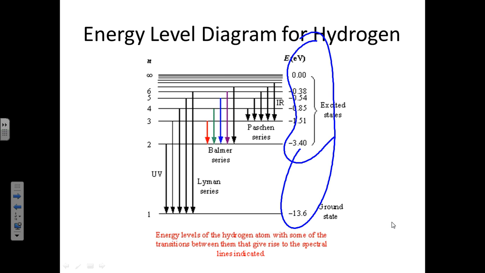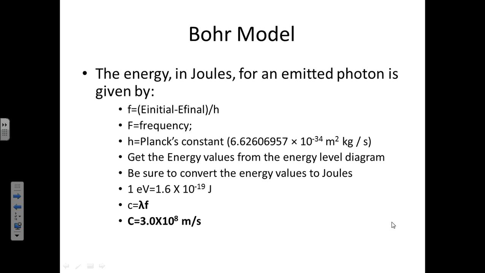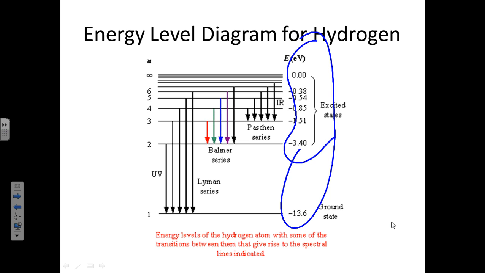So if an electron jumped from energy level 2 down to energy level 1, how much energy is given off? If it jumped from here down to there, how much energy is given off?